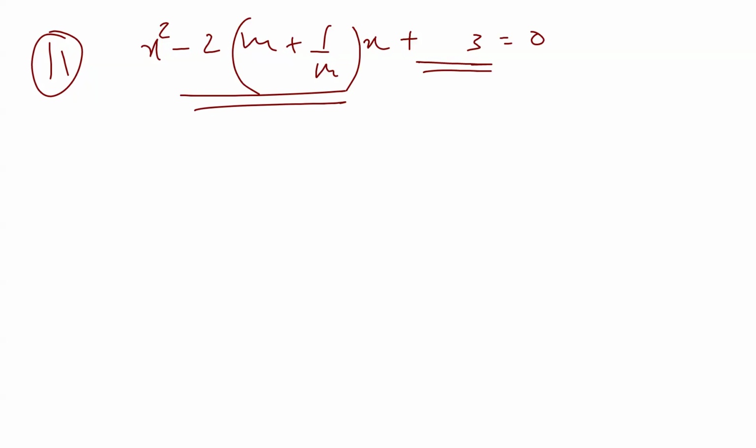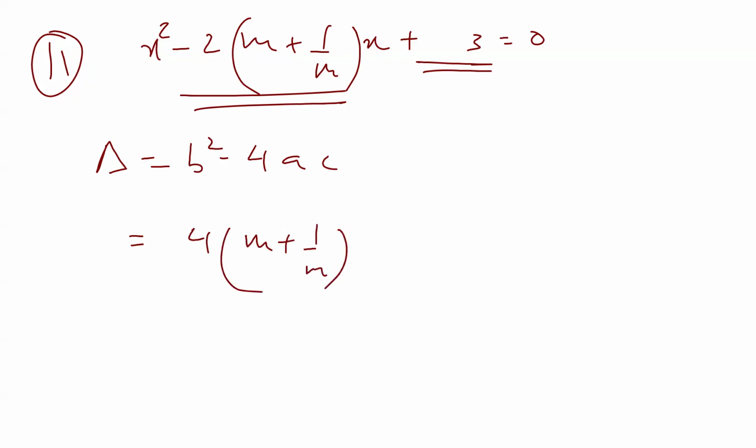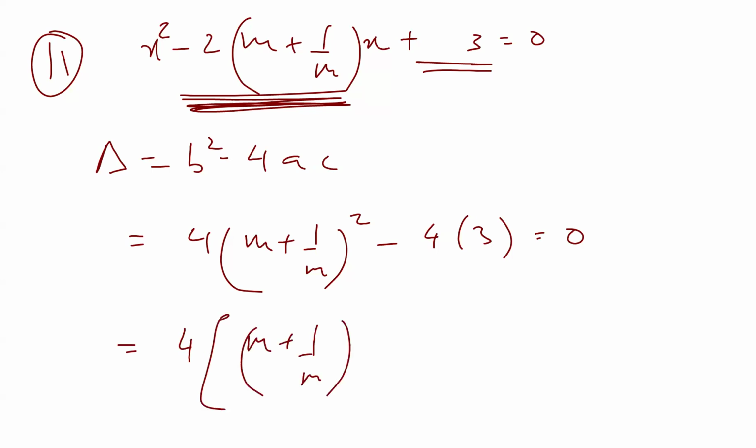So now see, delta is b square minus 4ac. So b square is 4 m plus 1 upon m the whole square, because b is this entire thing, minus 4ac. A is 1. So take 4 common over here: m plus 1 upon m the whole square minus 3.